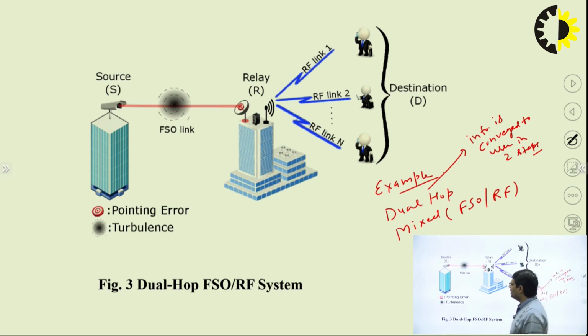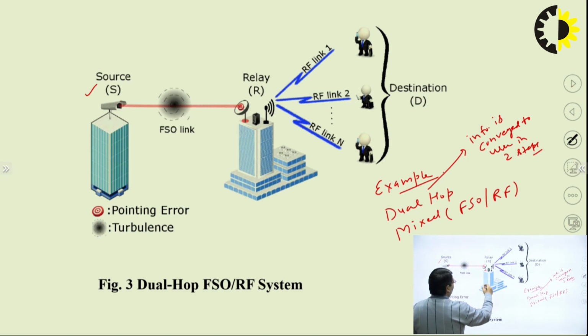First of all, we can see that this is the optical source or optical transmitter. This is another building where we have used the FSO receiver. Then we have the channel as the free space.